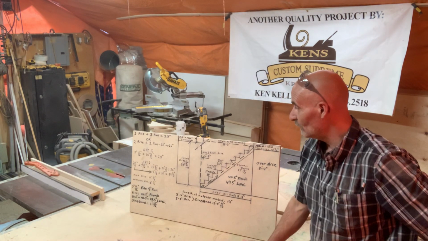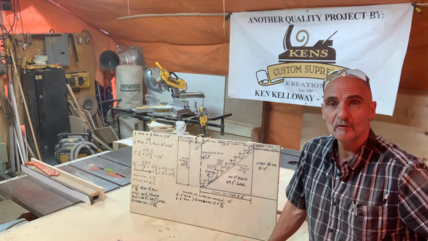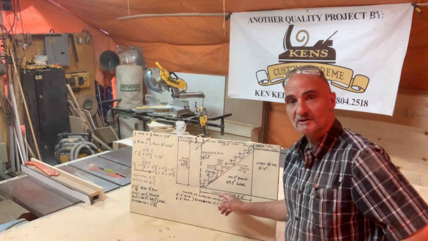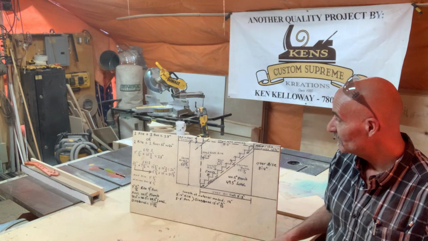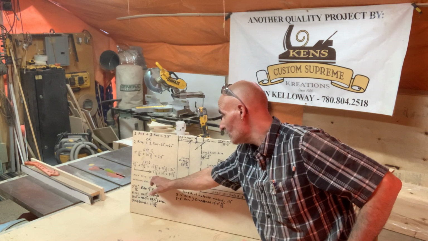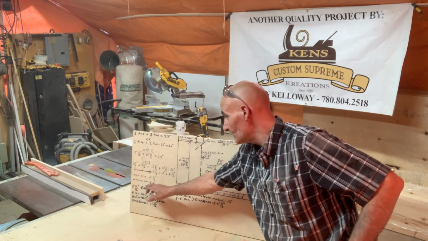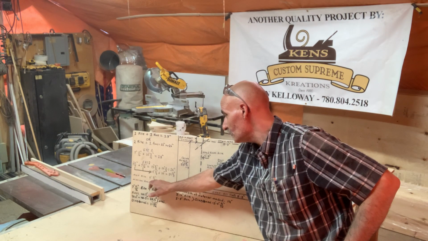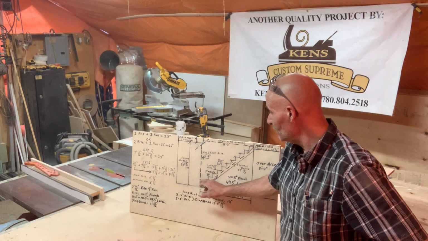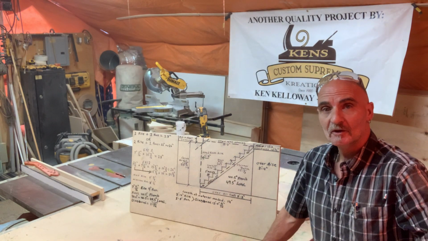Now you can Google how to build stairs, but when it comes to the calculations, there's just one thing to remember: what your maximum code for rise is, what your minimum run code is, and your minimum headroom code. You've got to know all of that.